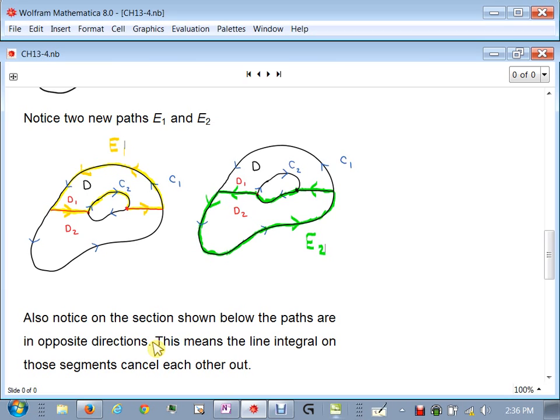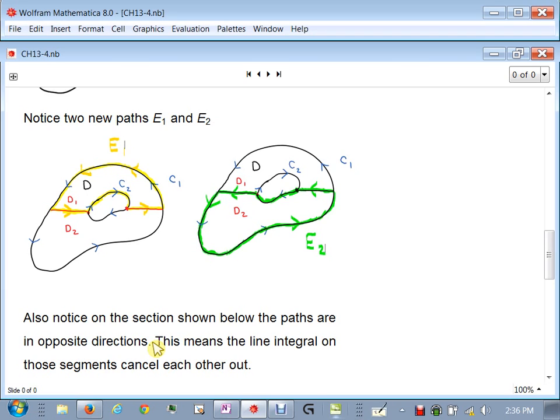If I keep going now, that gives me C2. I mean, that gives me C1, but I'm not on E1 anymore, right? I'm trying to help convince you from the picture that when you put E1 and E2 together, it's the same as traversing C1 and C2.